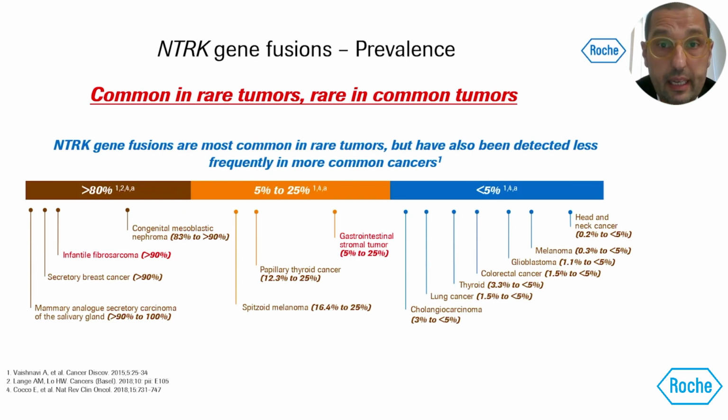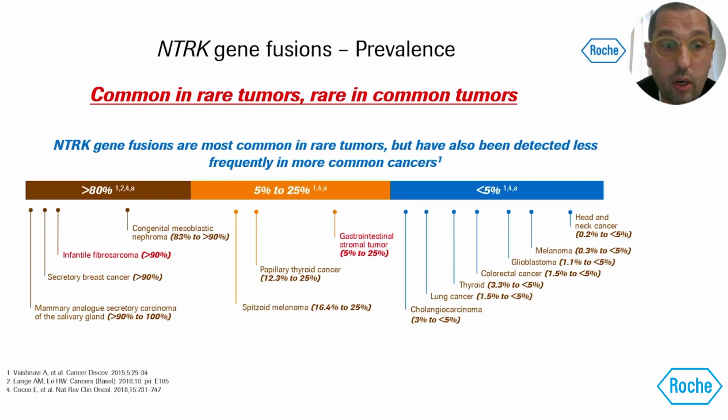As I said in the beginning, the prevalence is characterized by the common presence of NTRK gene fusions in rare cancers and the rare presence of NTRK gene fusions in common cancers. That's the feature of NTRK gene fusions.